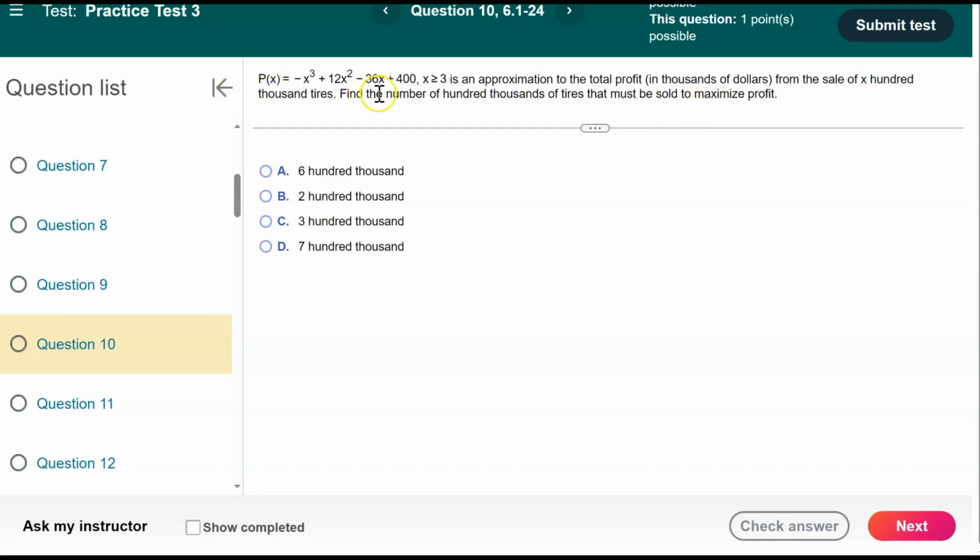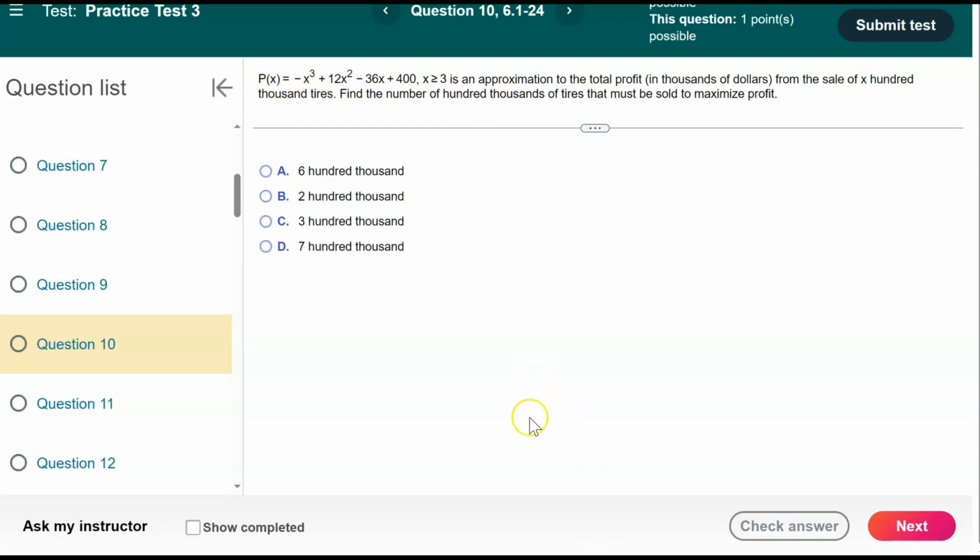So in this problem here, we are going to maximize the profit function. So the total profit function is given by this. In other words, we want to know the value for x for which P of x is a maximum.